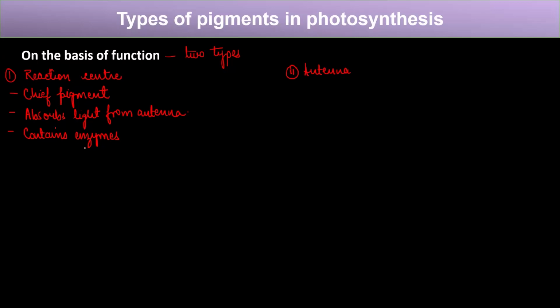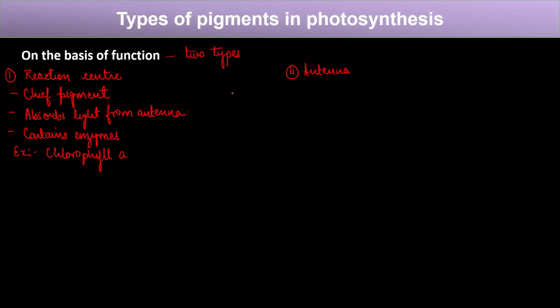So this chief pigment contains enzymes that catalyze certain biochemical reactions. What is an example of the chief pigment or reaction center? In higher plants, the example is chlorophyll A. And in the previous lecture, we have seen the structure and formula of chlorophyll A.